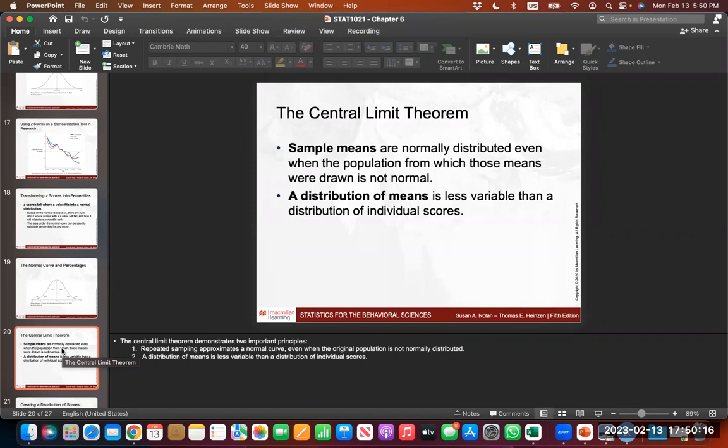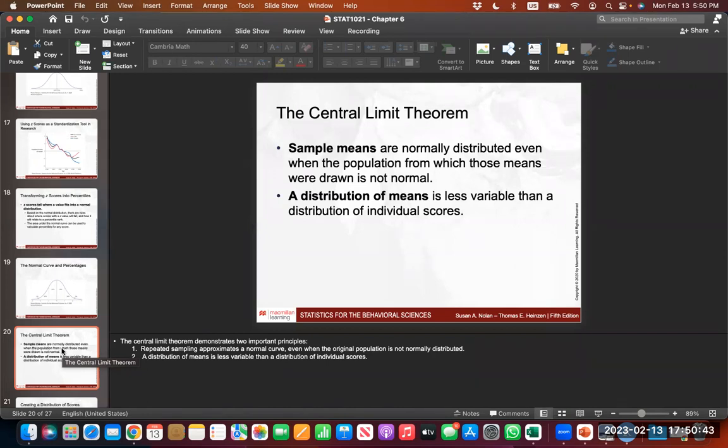So the central limit theorem basically associates the central tendency and the variability of a sample and the variability of the population to each other, and establishes a relationship between the accuracy of the estimate of the population mean that you have from the sample that you have randomly drawn, and the population mean.